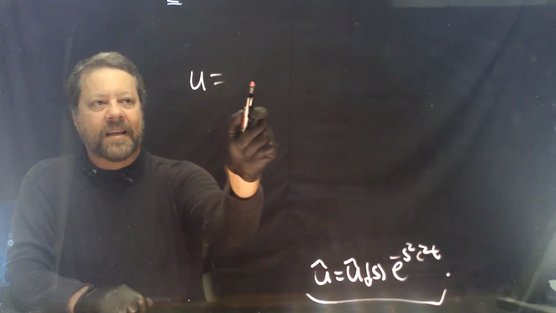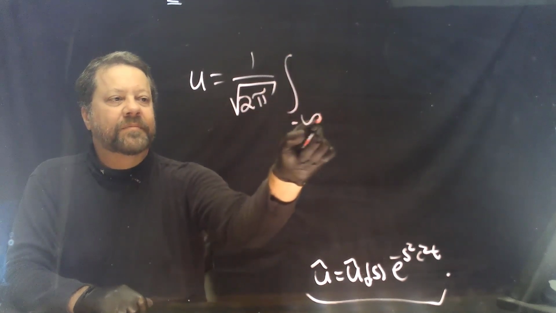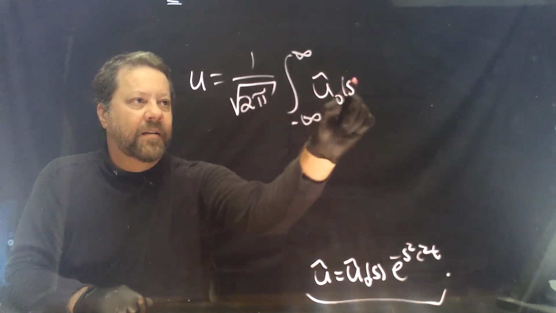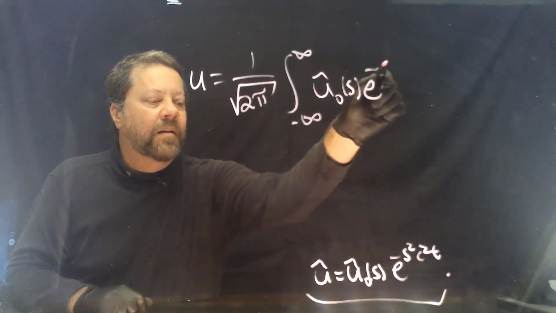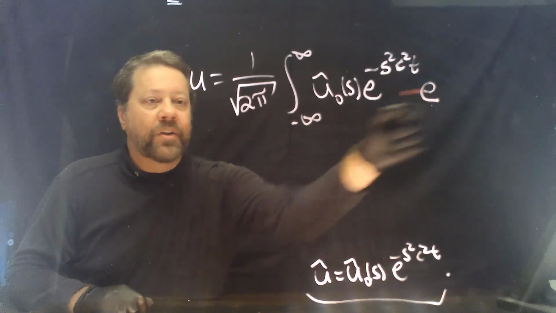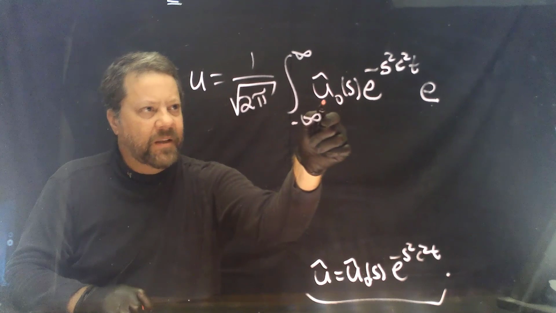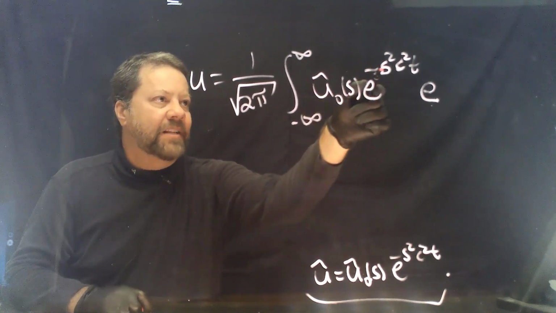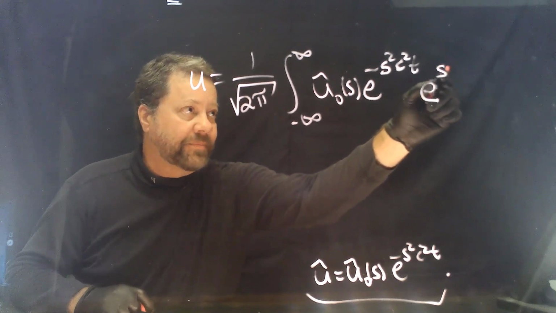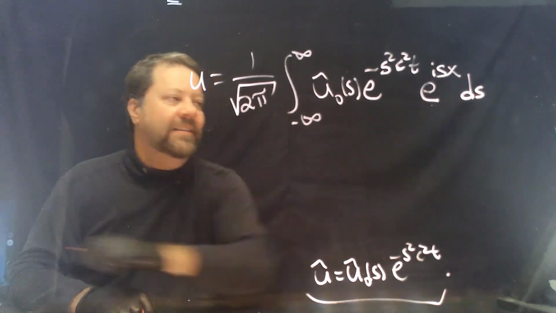It implies then, using the normalization constant that we talked about earlier, that u is 1 over root 2 pi, integral from minus infinity to infinity, u naught hat of s, e to the minus s squared c squared t, e to the positive i s x ds.